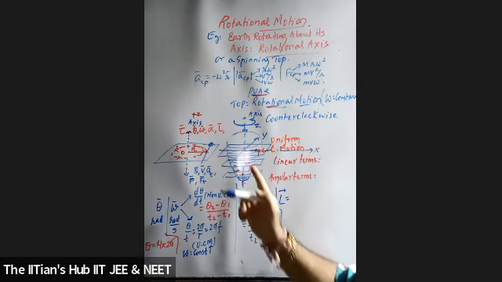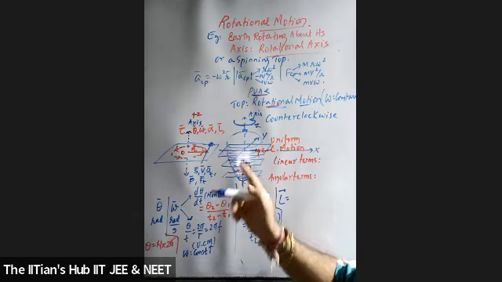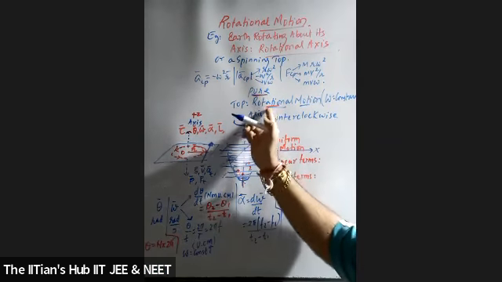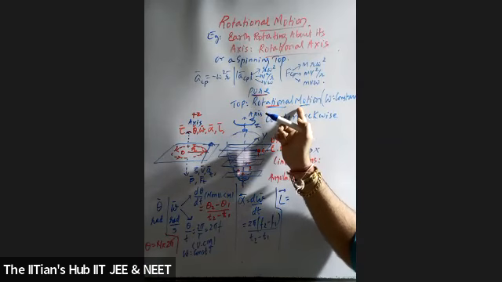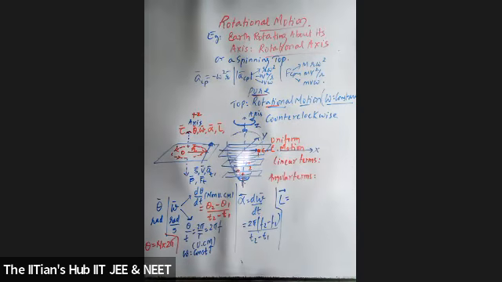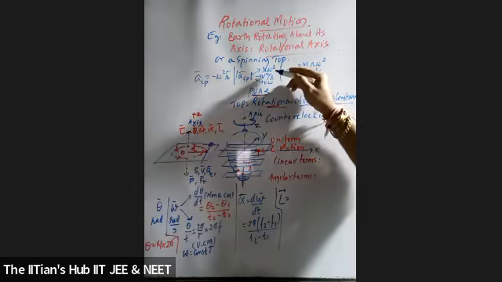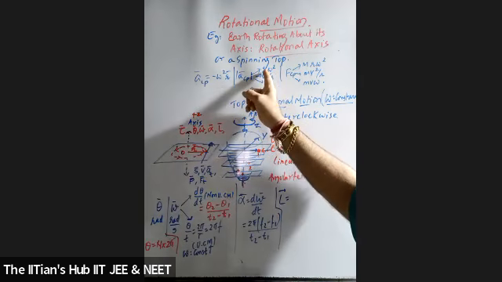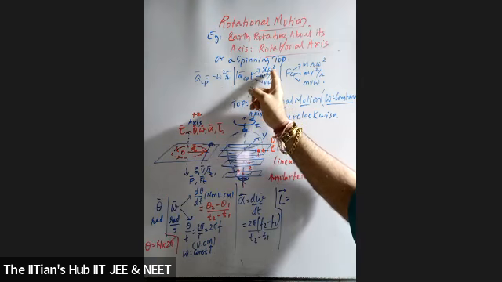Listen carefully, students: if this spinning top performs pure rotational motion, it means omega is constant. If omega is constant, it is the same for all particles. I can also consider linear velocity in this case. So if I go for omega, centripetal acceleration will be r omega square. This is the formula I'm going to use.